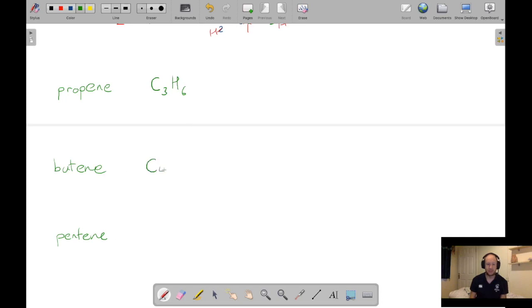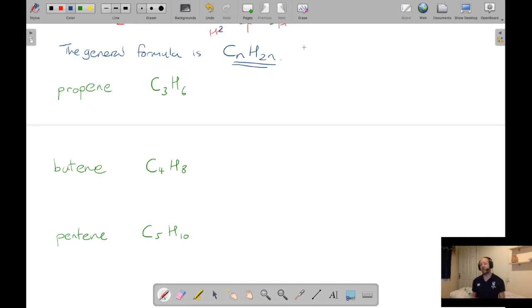Butene is going to be C4H8. Pentene, C5H10. Notice the pattern here. The general formula is CnH2n. So it's got a different general formula to that of alkanes. They're not the same general formula, and that's because the double bond takes away 2 of those hydrogen atoms.